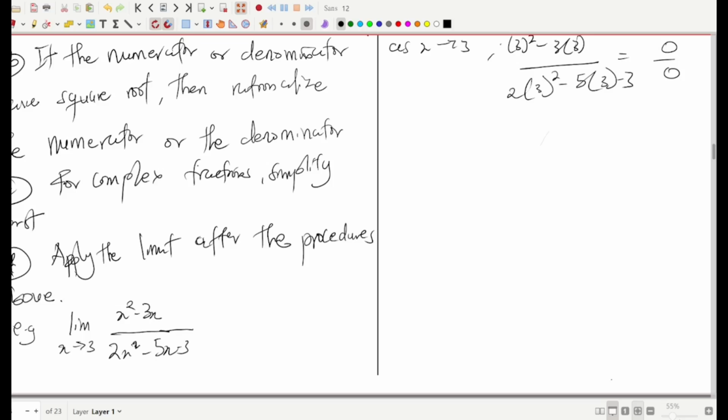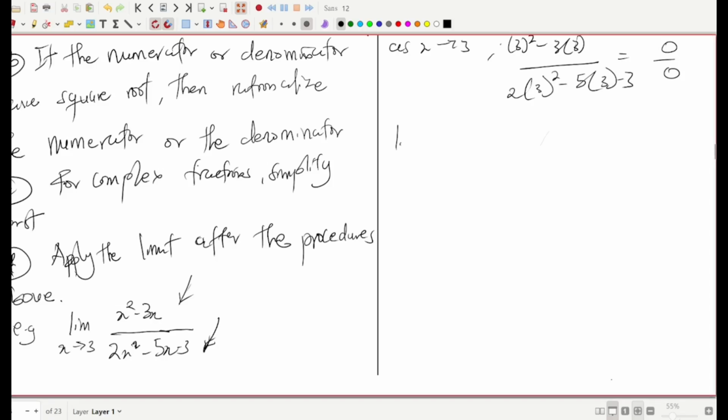So we try to simplify. The numerator is a polynomial and the denominator is also a polynomial. So we factorize to cancel out as much as possible. Then we can continue to apply the limit rules or do the direct substitution.